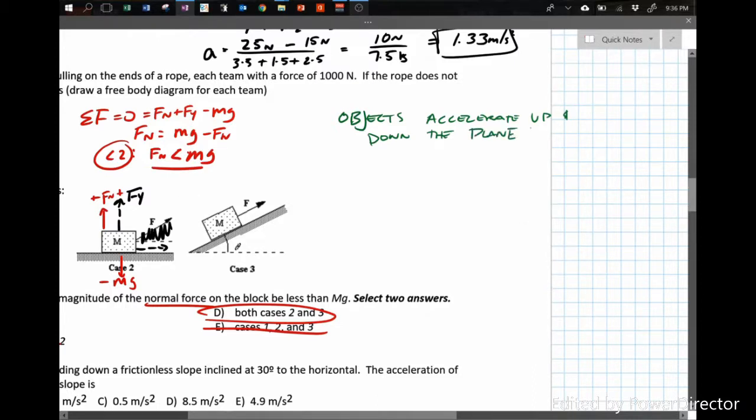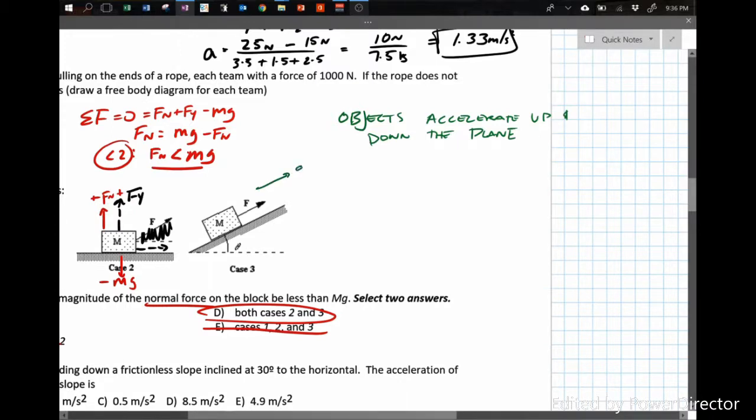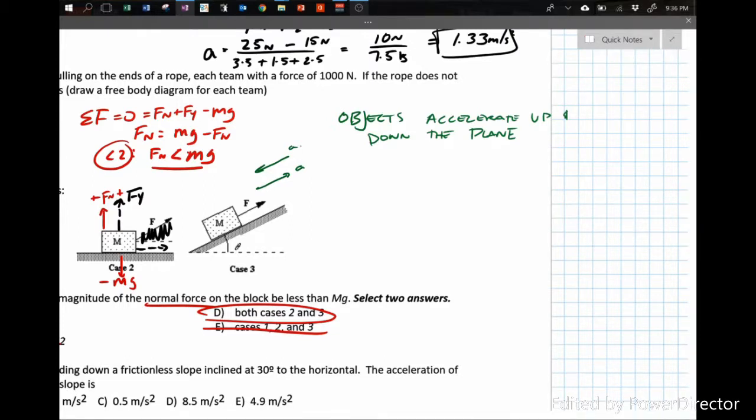Because that's the case, my acceleration is going to be either up or down. When we resolve vectors, when we break them up into the x and y parts, we want them to be perpendicular and parallel to the acceleration.